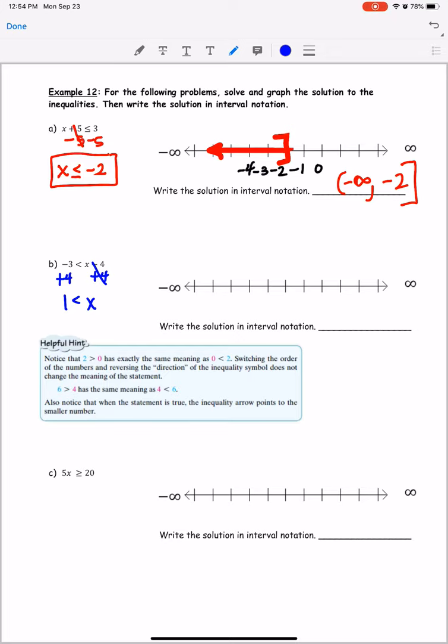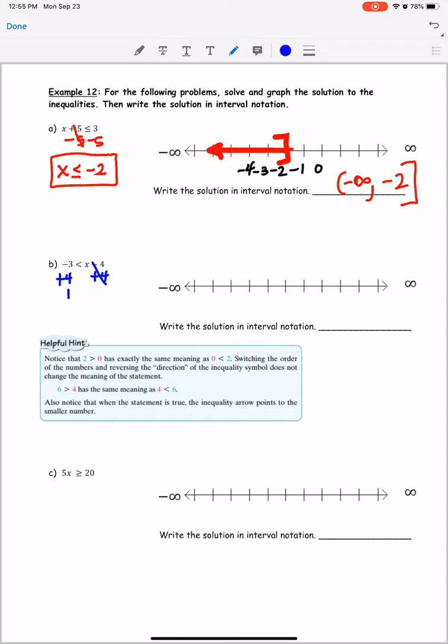I don't care if it's 1 equals x or x equals 1, right? Those both mean the exact same thing. The same is technically true with inequalities, but because I need that symbol to tell me which way to shade things, it is really important that your x is first.